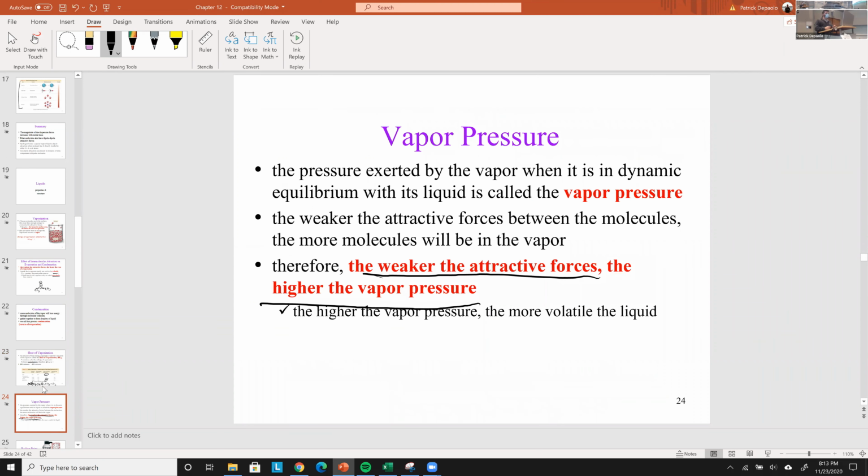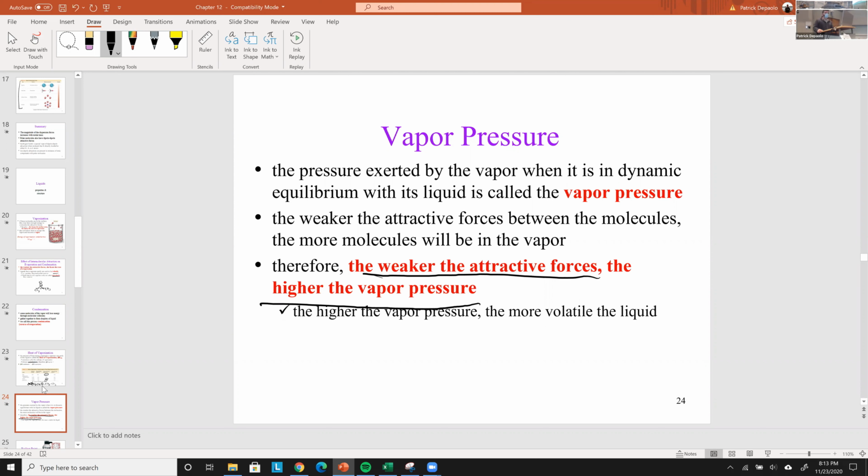Vapor pressure is the opposite. The weaker the forces, the higher the vapor pressure, because more of the liquid becomes a vapor, not requiring much energy because the interactions are very weak. There's nothing really holding it together, so it becomes a vapor. And the stronger the attractive forces, the more the substance wants to stay a liquid, so not much of it will go to vapor, and it will have a low vapor pressure.